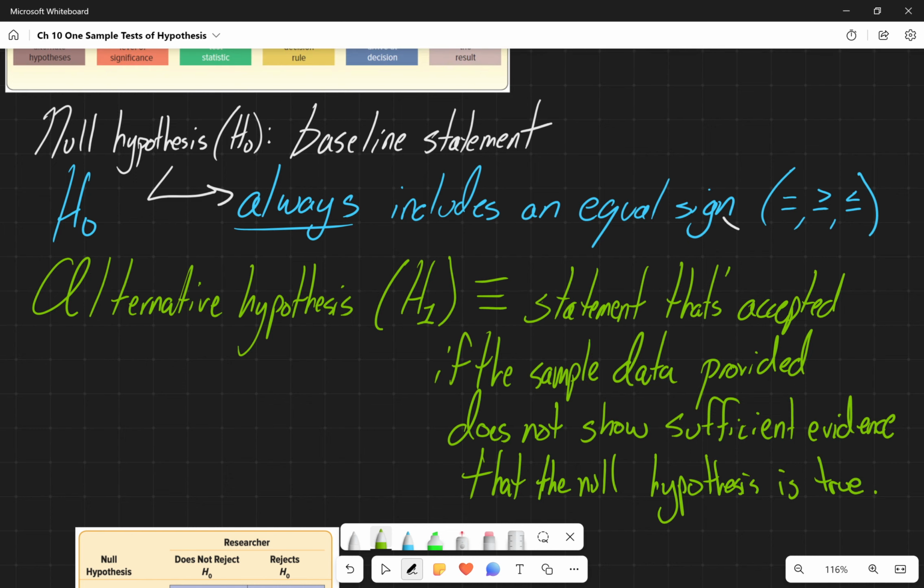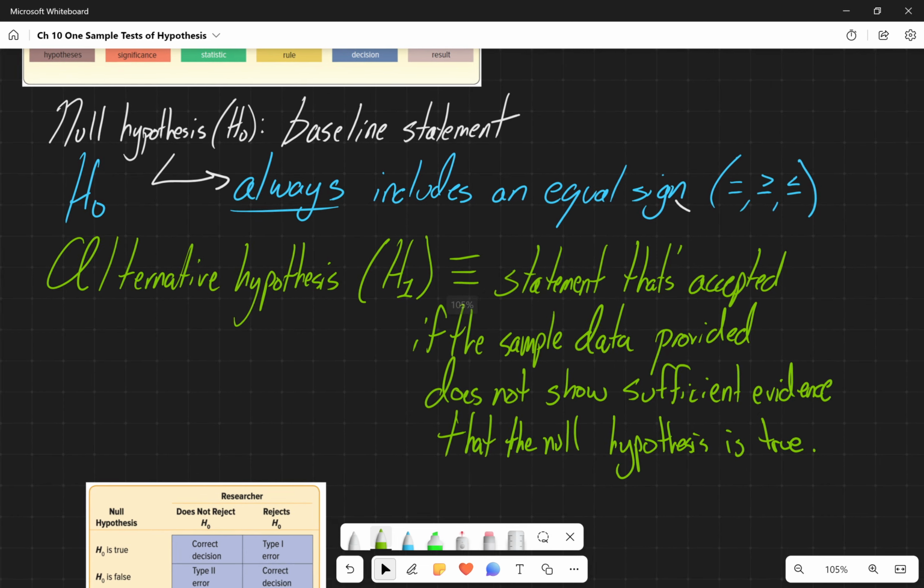So we fail. So the alternative hypothesis is if we can't prove that the null hypothesis is true, we fail to reject the null hypothesis.